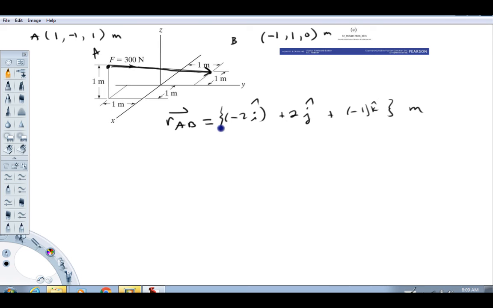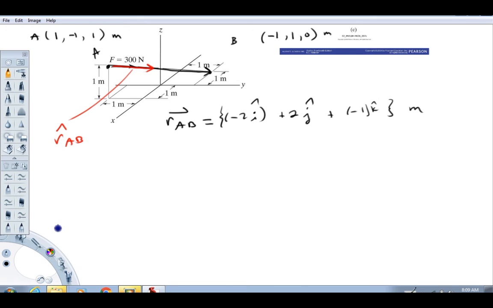Now, next step here is to find a unit vector in the direction of AB. I'm going to put that in red. I'm now going to create a unit vector, call that r_AB with a unit vector symbol over it. You notice, I probably drew this a little long. First of all, it doesn't even make sense to compare the length of this red unit vector to that 300 Newton force vector. They're apples and oranges, but one is about this length on the graph, so I was trying to make it about that length.